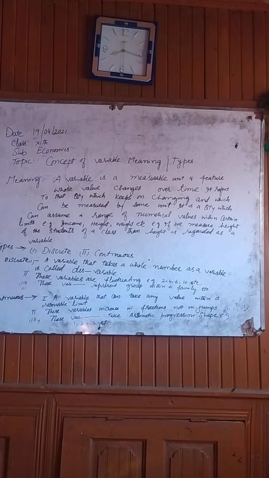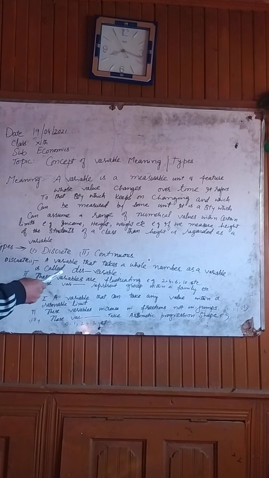Now we want to know about its types. There are broadly two types of variable. One is discrete variable and the next one is continuous variable. A variable that takes a whole number as a value is called a discrete variable. Okay?